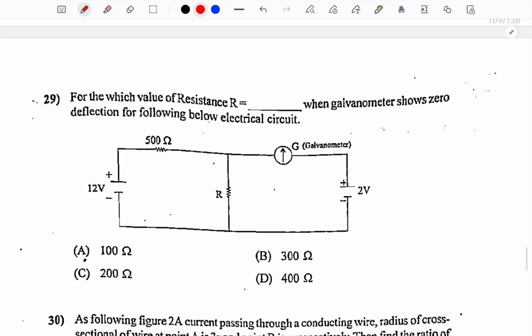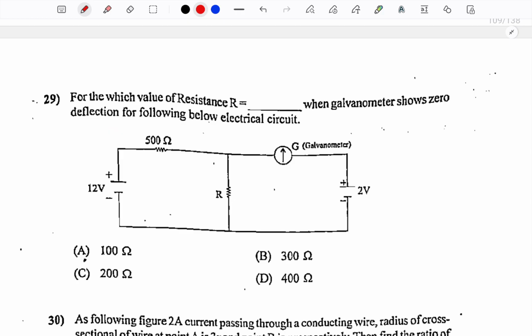Okay, another good question. For which value of resistance R does the galvanometer show zero deflection in the given circuit? For this value of R, the galvanometer has zero deflection.